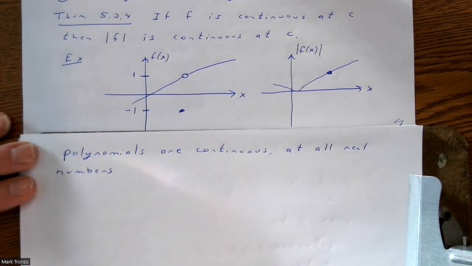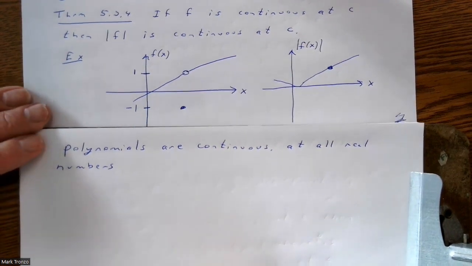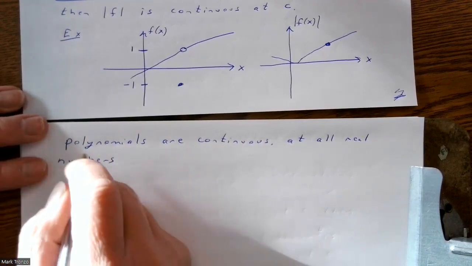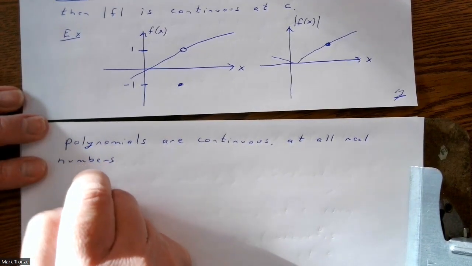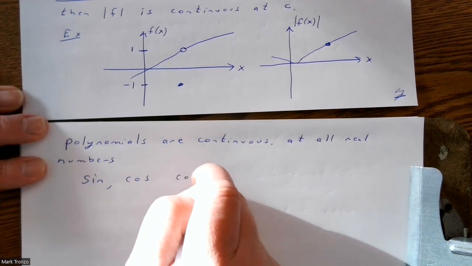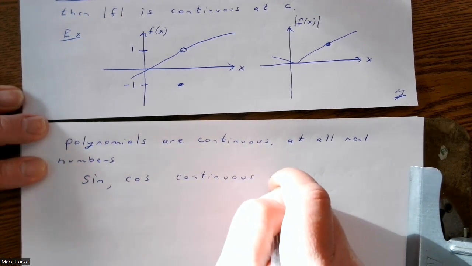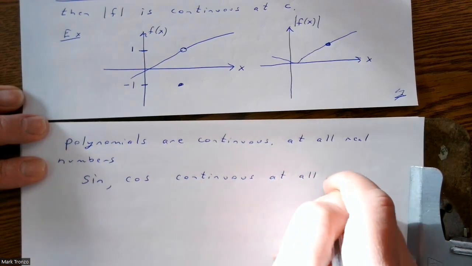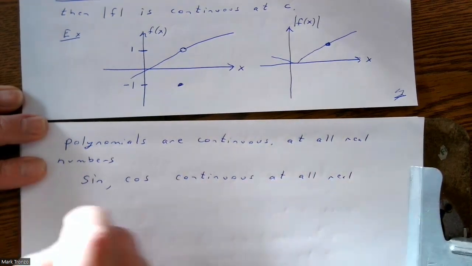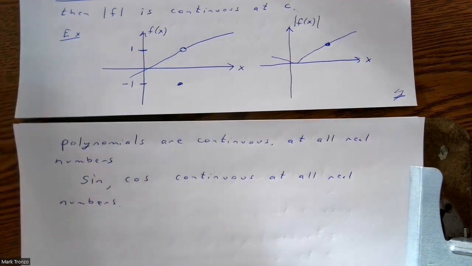And also some other things like sine and cosine, they're continuous everywhere, at all real numbers. Again, a lot of that you've had before.